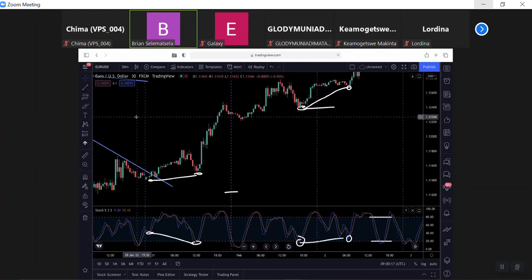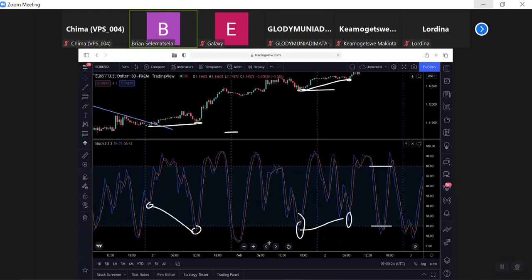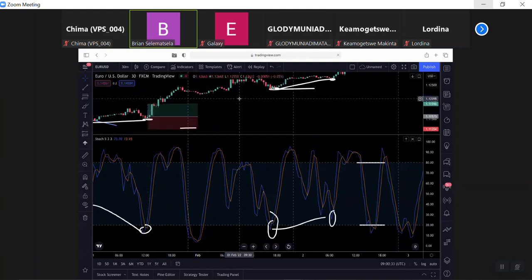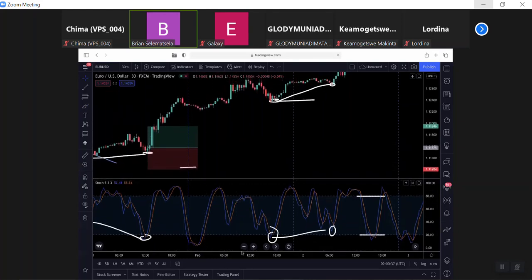And now from there, what we're going to do is enter a buy here immediately after the crossing. So these two lines, immediately after they cross, we're going to execute a buy from there.